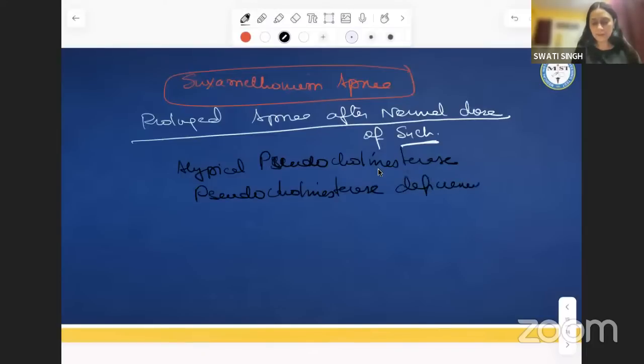So this is the enzyme which metabolizes succinylcholine. If it is not there, or if it is faulty, we would get a prolonged apnea after normal dose of succinylcholine, right? And how do we manage it?